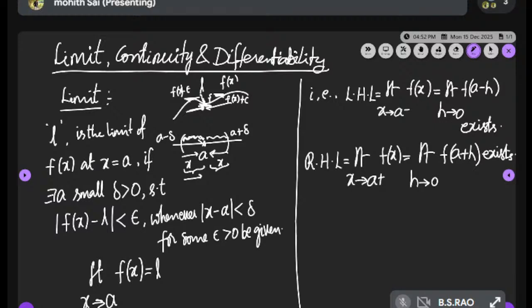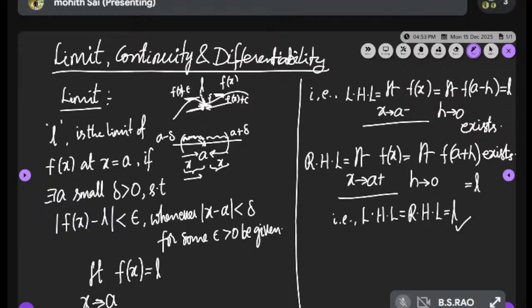Exists means again finite, and both left hand limit and right hand limit exist, and when both are equal to L, that is left hand limit equals right hand limit equals small l, we say that L is the limit of the function at x equals a. This is left hand limit and this is right hand limit, and both are finite and equal to L, we say L is the limit of the function.